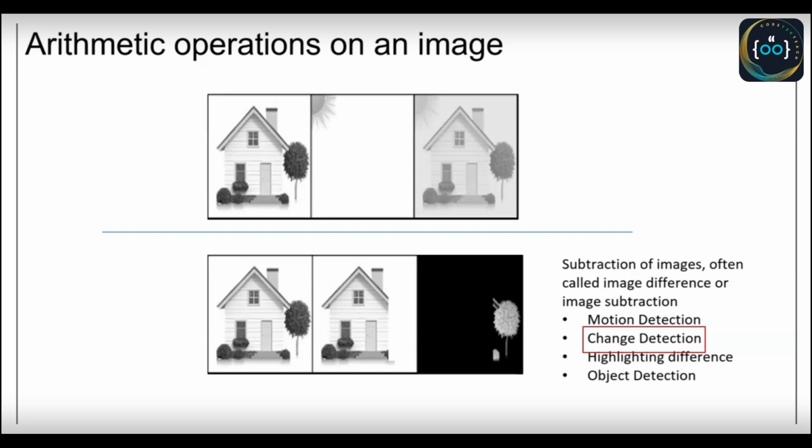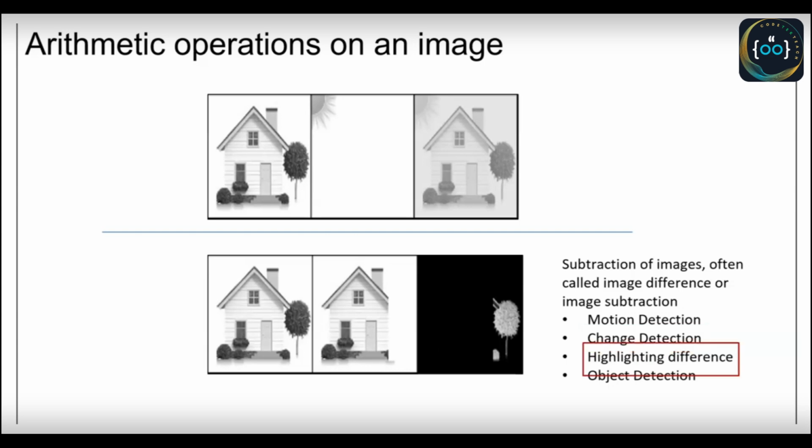For example, satellite images taken at different times can be subtracted to reveal changes in land use or climate. Similarly, subtracting medical images like MRI scans taken at different times can show the growth or shrinkage of tumors.